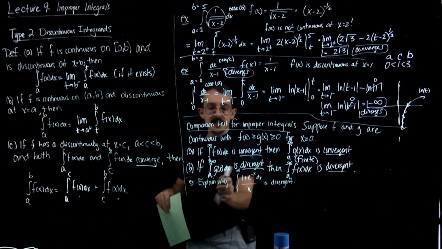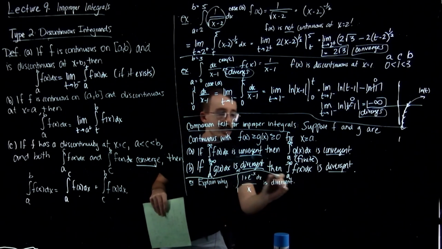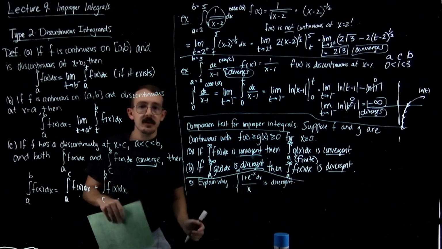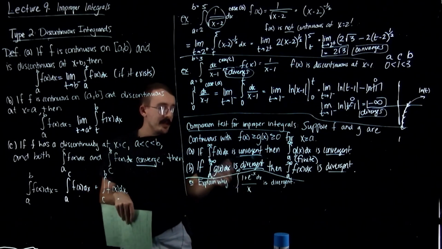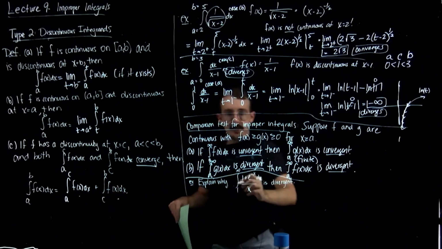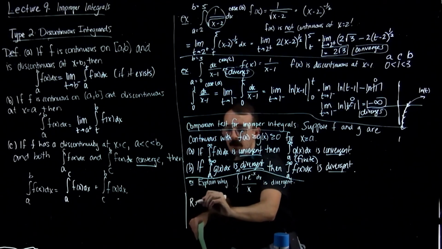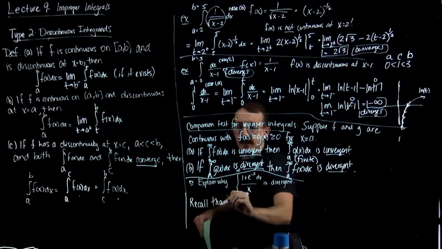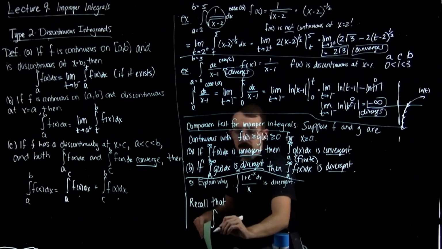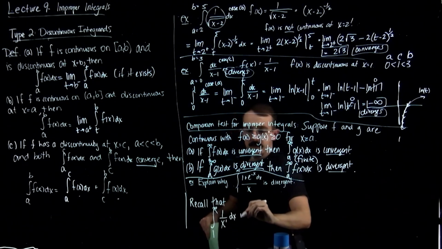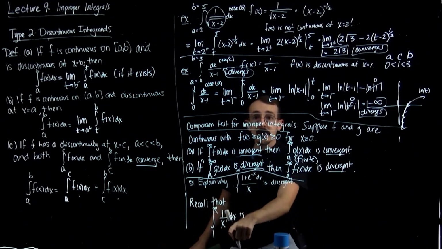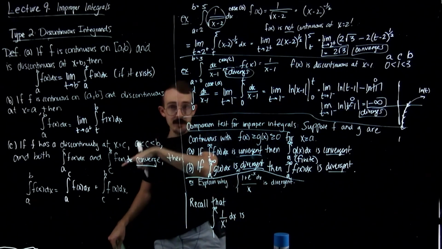This last example asks you to explain why this integral is divergent. And what I'm going to do is I'm going to start with this right here. Recall that the integral from 1 to infinity of 1 over x is, and remember, this is our special type of integral from the other part of this video.